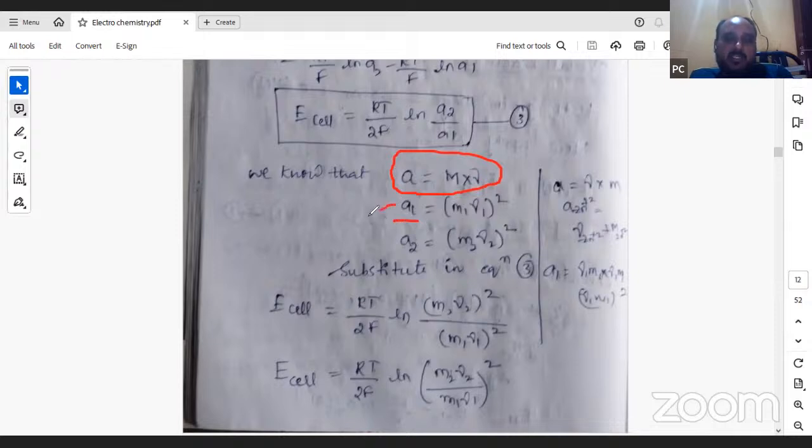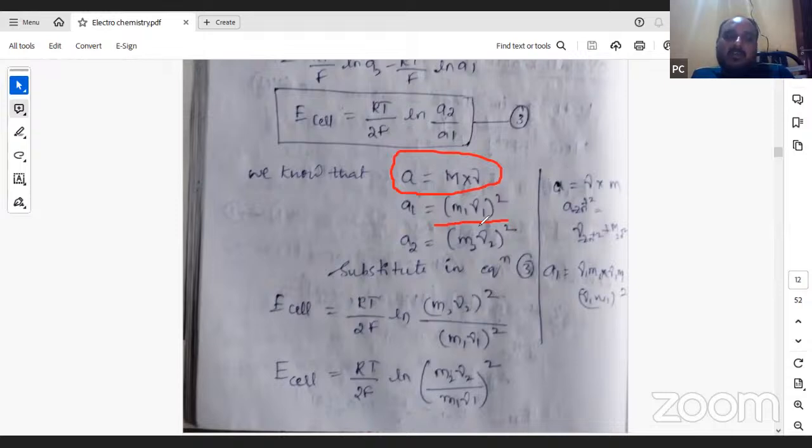This A1 represents the activity of HCl, which means H plus ions and Cl minus ions are there. The concentration of H plus and the concentration of Cl minus should both be considered. That's why here it is M1 gamma 1 whole square: M1 gamma 1 into M1 gamma 1, one M1 gamma 1 for the H plus ion and another M1 gamma 1 for the Cl minus ion.